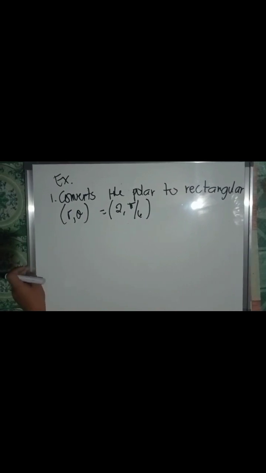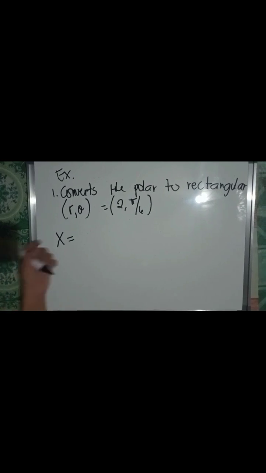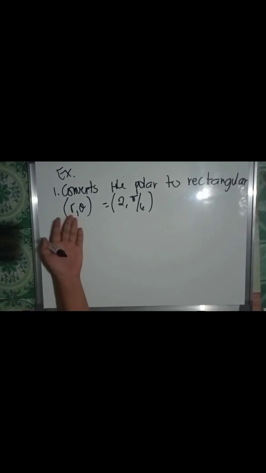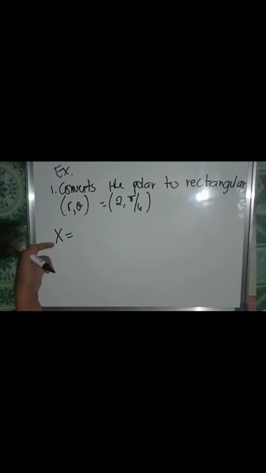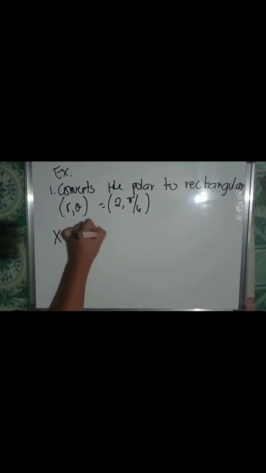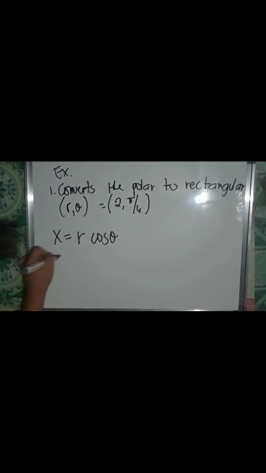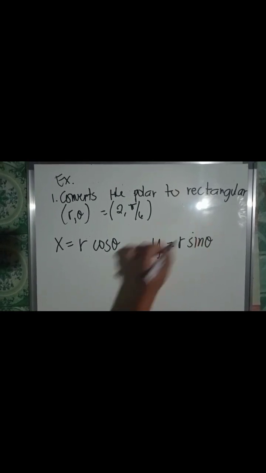Therefore, the formulas we need to use would be for x and y, since we need to convert r and theta into the x and y axes. So the formula is x equals r cos theta and y is equal to r sine theta.